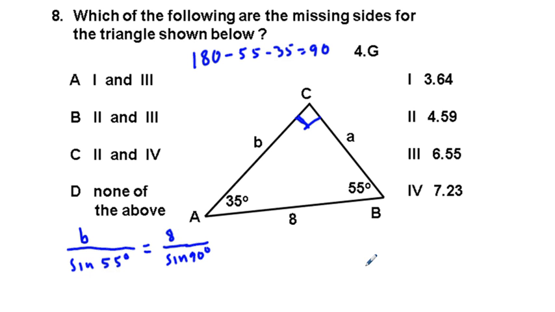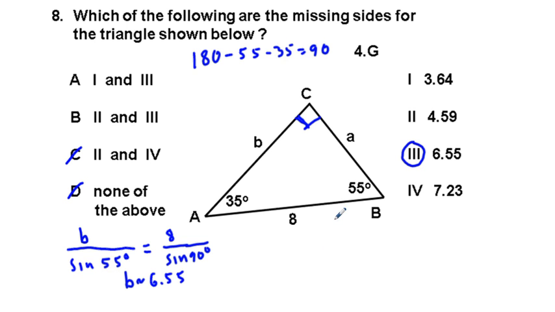So B is approximately equal to 6.55. So that's going to be that one right here. Okay, so we know it can't be answer choice C because that's 2 and 4. Anything that does not have Roman numeral 3 in it is off the list, and probably D is off the list too.